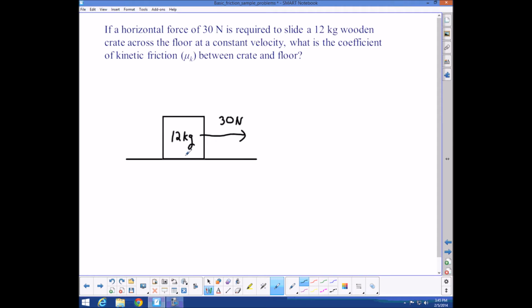First, we're going to calculate the weight of the object. The weight of the object is going to be 12 kilograms times 9.8 meters per second squared, which is 117.6 newtons.